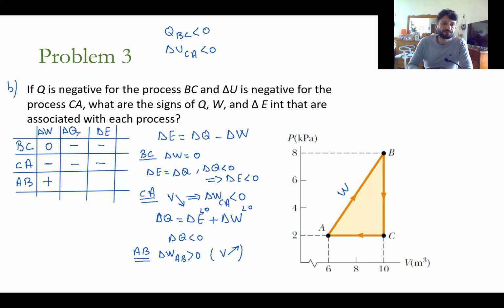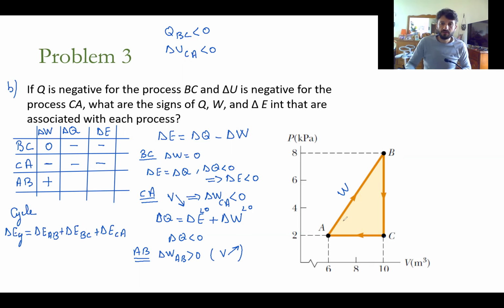What about dq? Here you can use one equation. You have to know that in the case of a cycle, delta E of the total cycle equals delta E AB plus delta E BC plus delta E CA.